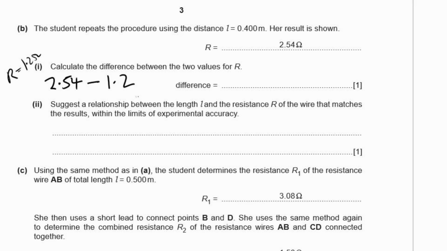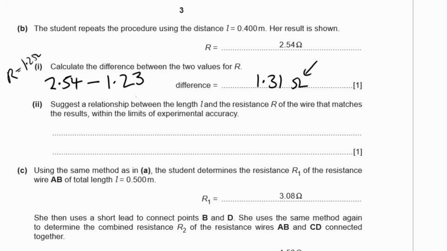So I need to add on the extra significant figure for this calculation, which becomes 2.54 minus 1.23. I have to use 3 significant figures for that second part, a little bit of an unusual situation. That gives me a difference of 1.31. Key point, units. There are no units, so ohms. Let's write it in.